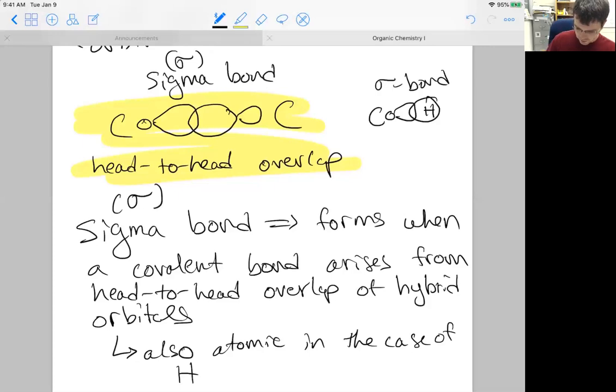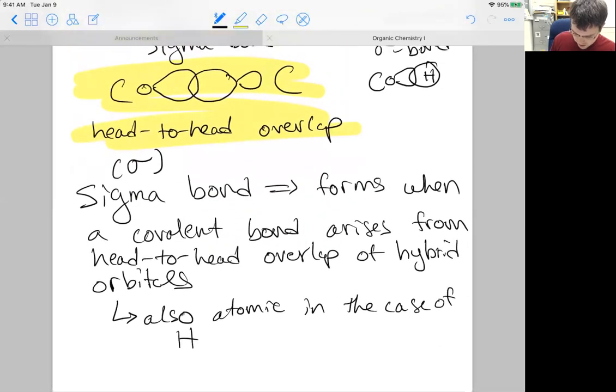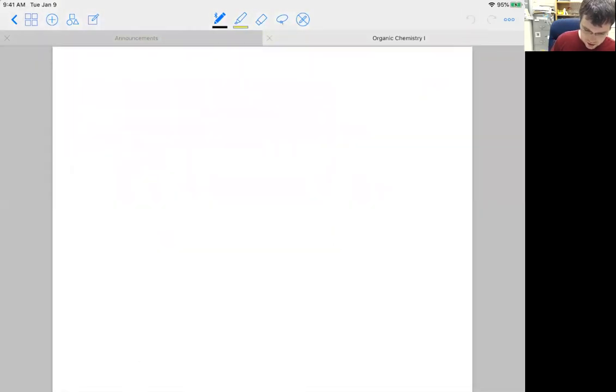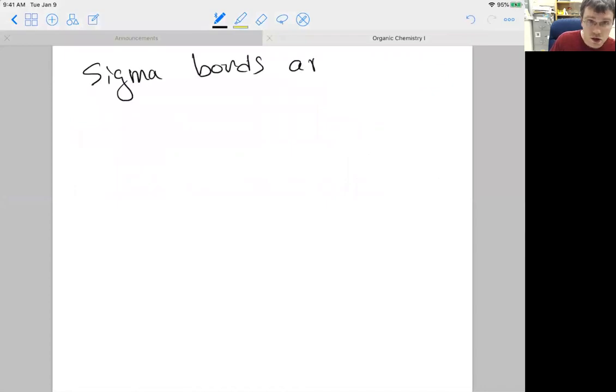So, sigma bonds are another important term. Sigma bonds are strong covalent bonds. Really, they're the strongest covalent bonds.